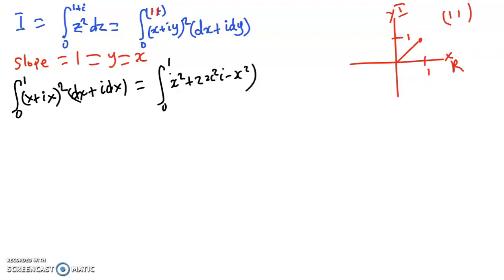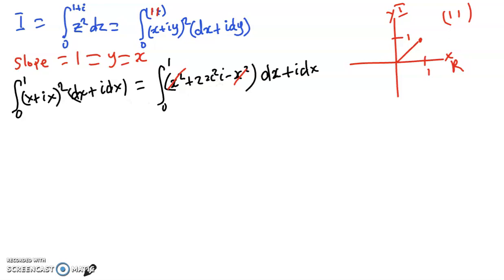This is what we get when we open this up, with respect to dx plus i dx, not i dy, because we say that y is equal to x. So if you observe what happened, we have x squared minus x squared. So that is gone. So we are left with 2x squared i.